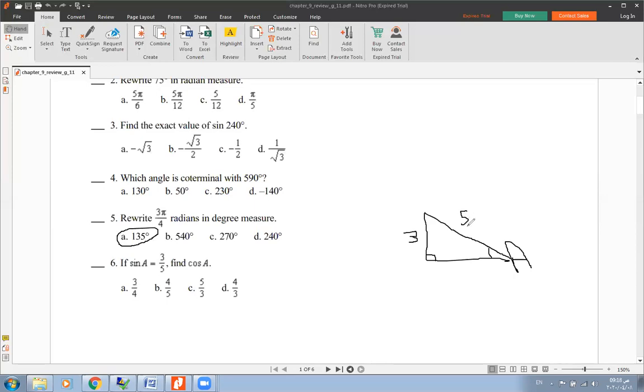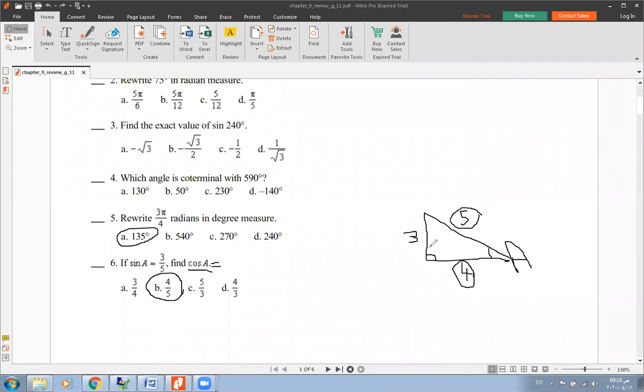The adjacent must be 4 if you use Pythagoras. So the answer is B. Cosine equals adjacent over hypotenuse. The adjacent to angle A is 4, so it's 4 over 5, letter B.